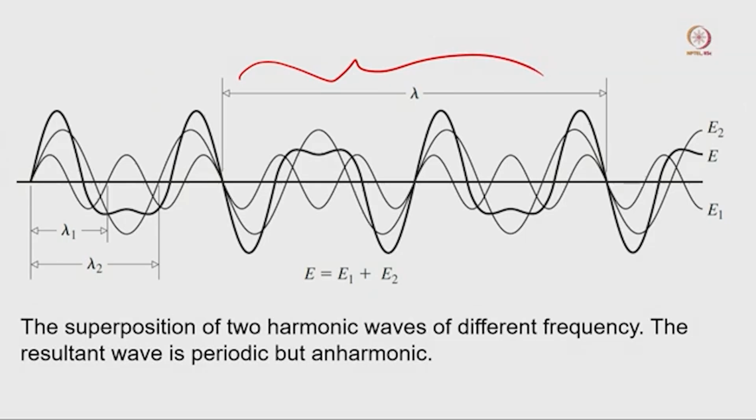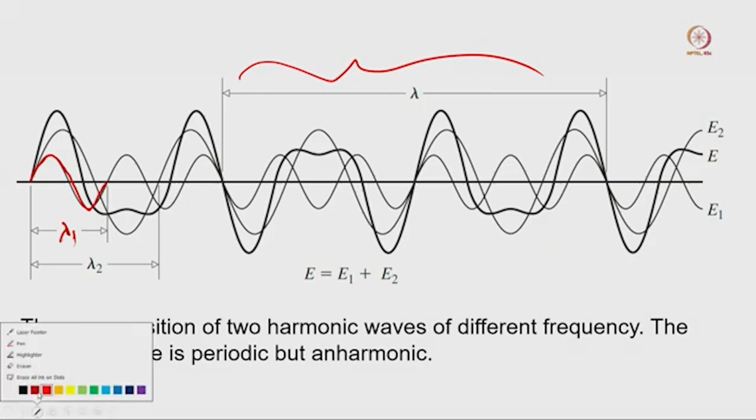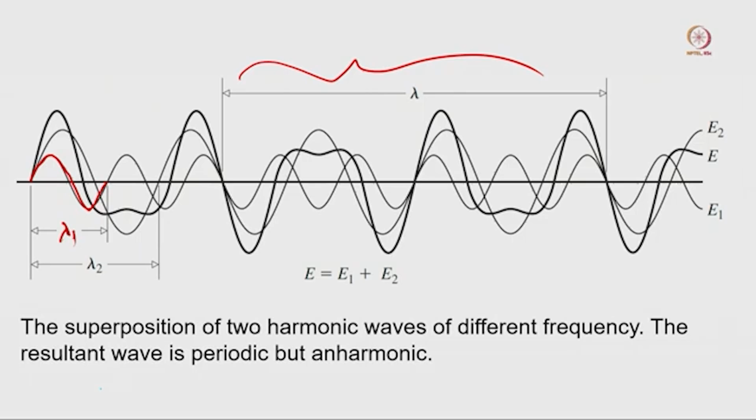One wave we are considering starts from this and finishes here and the wavelength is 1, and the second wave, the blue wave, is the second wave, and their wavelength is this one, which we are considering as lambda 2.